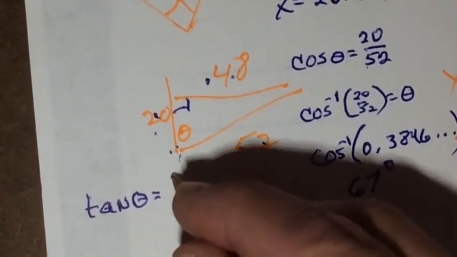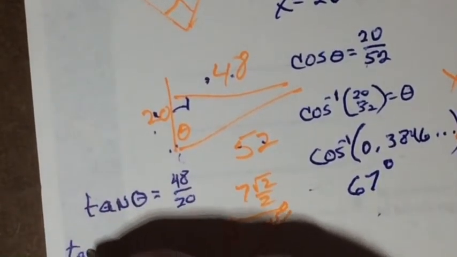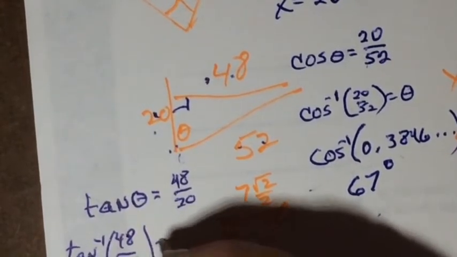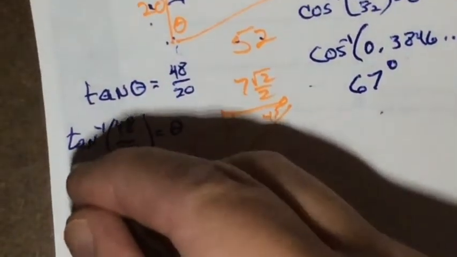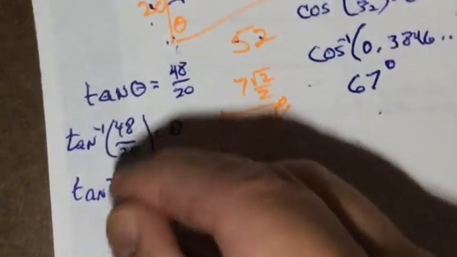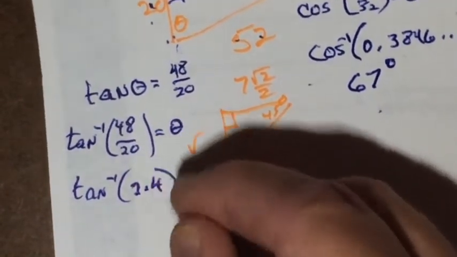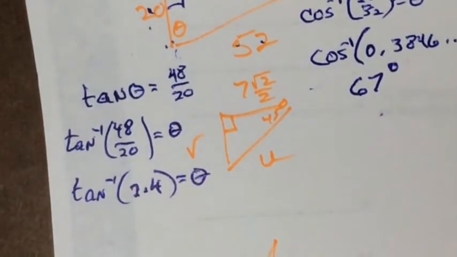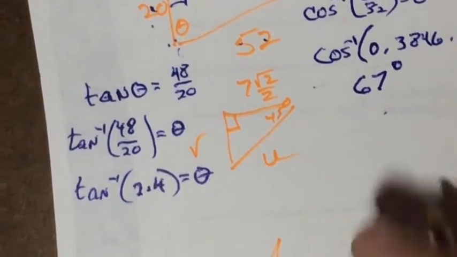So that would be 48 over 20, which means the inverse tangent of 48 over 20 would be equal to theta. 2.4 is what that becomes as a decimal. So if you were to do that, 2.4, and then get the inverse tangent of it, it's 67 degrees again.